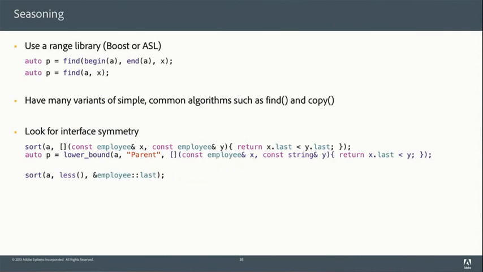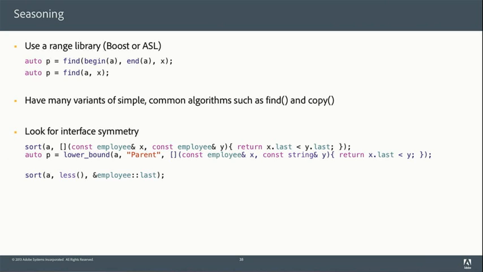So instead, if you pulled out the commonality of those two things, what I've really got going on is a projection function that gets me to the last name, and then just a comparison function on the last names. This is what I would write using the ASL library: sort everything in A by less, by last name.